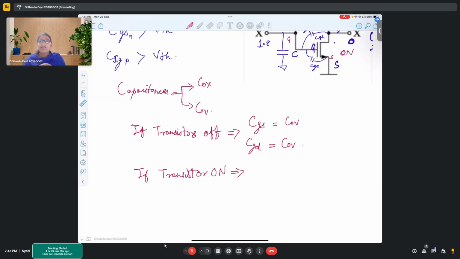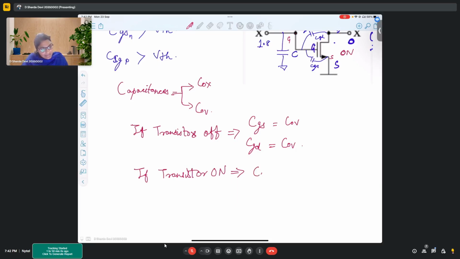If the transistor is on, that means the channel is formed. So if the channel is formed, the oxide capacitance will also come into picture. Considering that we distribute the oxide capacitance equally between gate and source, we are distributing the oxide capacitance half and half. Half is the share of the drain, and another half is the share of the source.